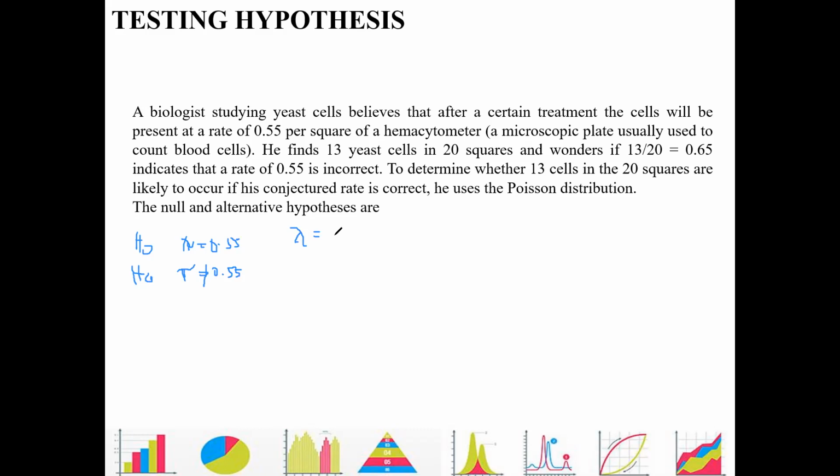Lambda is equals to n phi. So, since 20 ang ating sample, multiply by the 0.55. Ano ang ating magiging lambda? 11 po. 11. Okay.